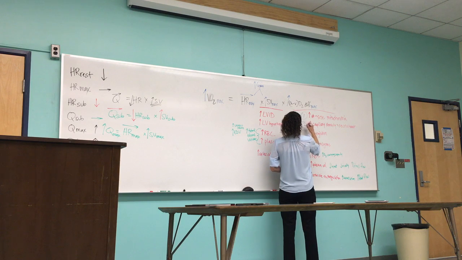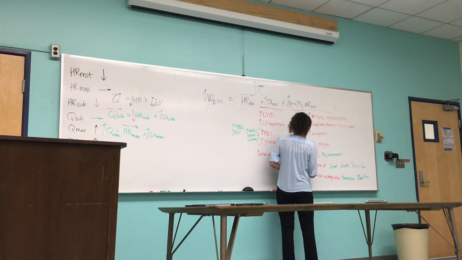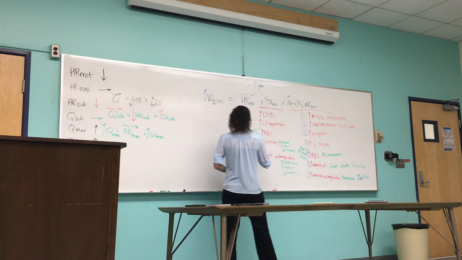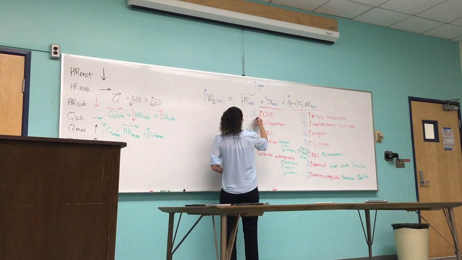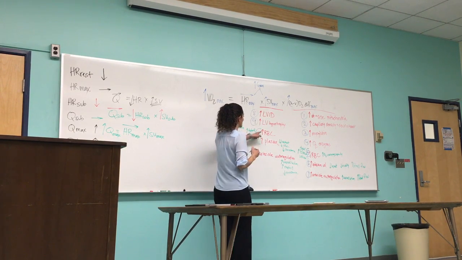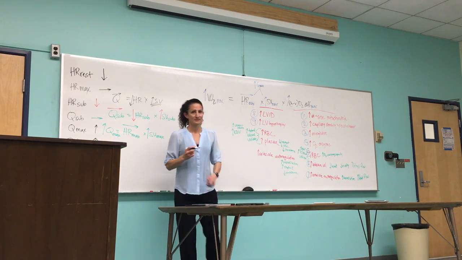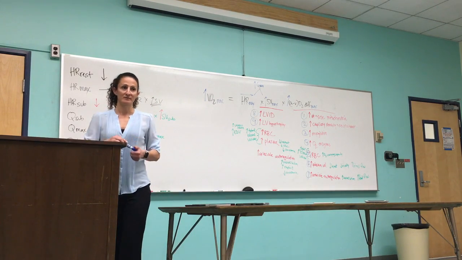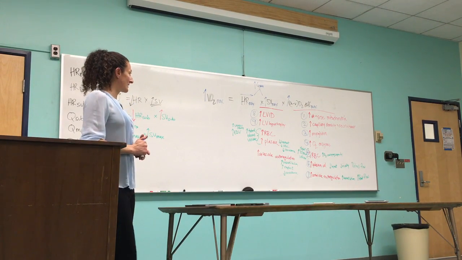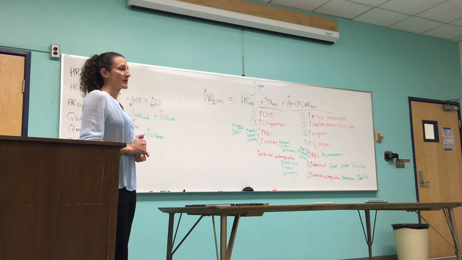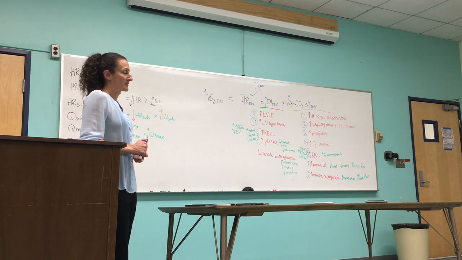One, two, seven. Why am I not numbering these? Because they're repeated. Okay, so I gave you 9 unique primary adaptations to endurance training.